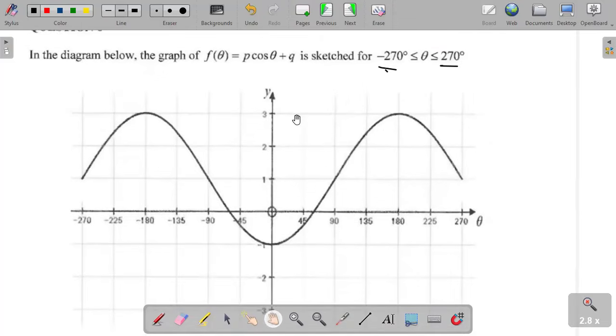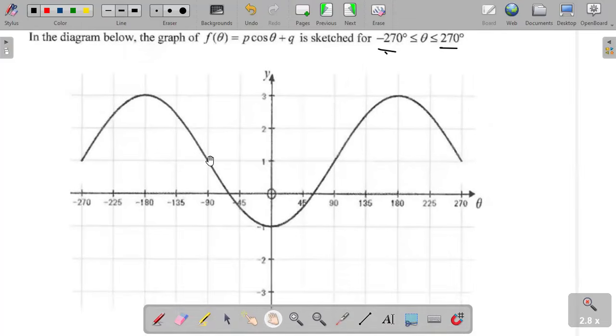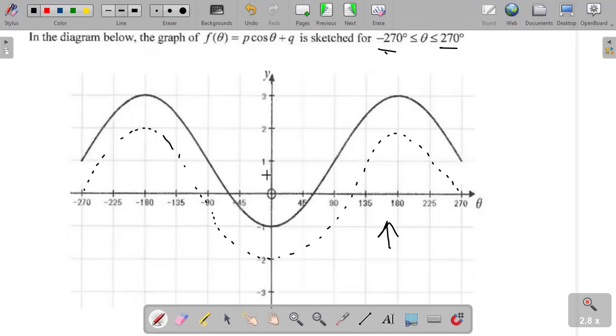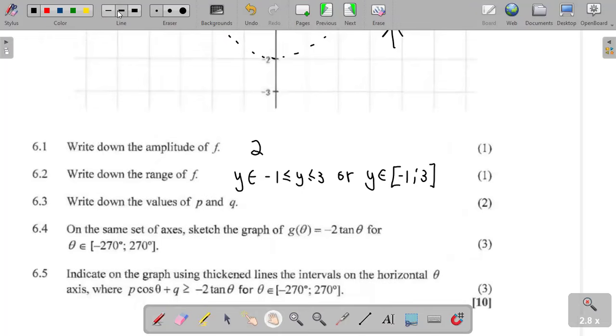Okay, so this graph, if it has an amplitude of 2, it means it has moved by 1 unit up, because if it has an amplitude of 2, it should end here at 2, and then it should come like that on -2, and then it should go to 2 again. That's how it should be, isn't it? But then it means that it has moved up by 1 unit, you see. So we can tell what Q is already. Q is equal to 1, and P is going to be equal to what?